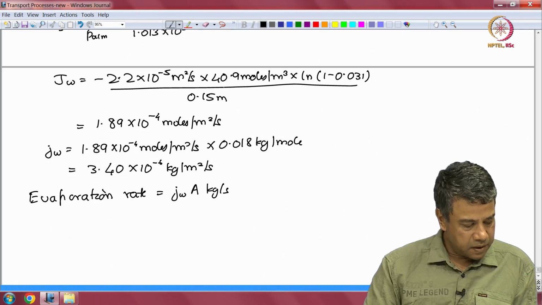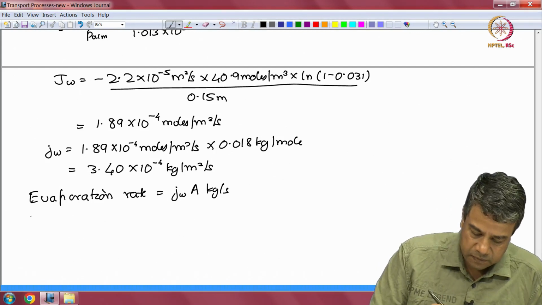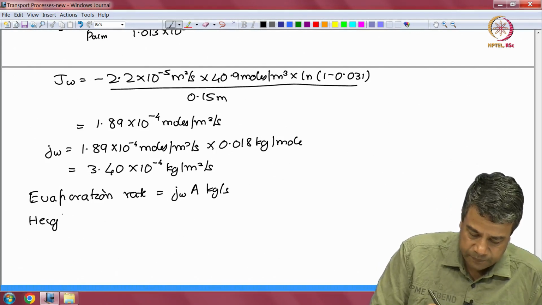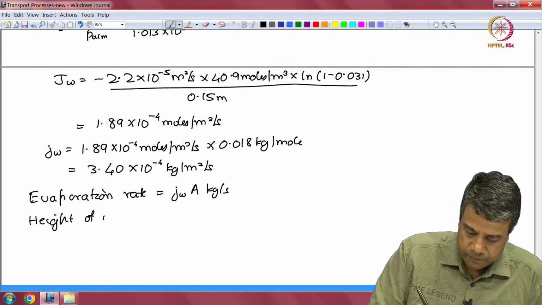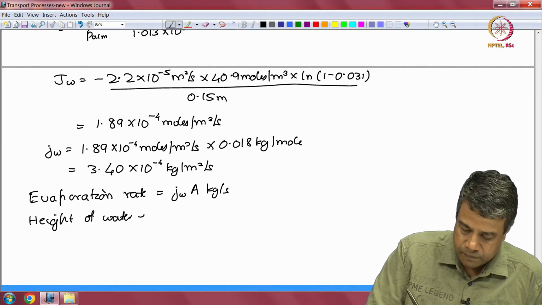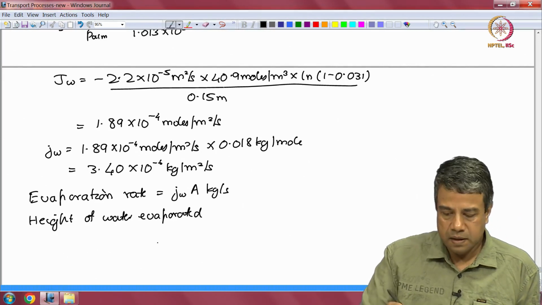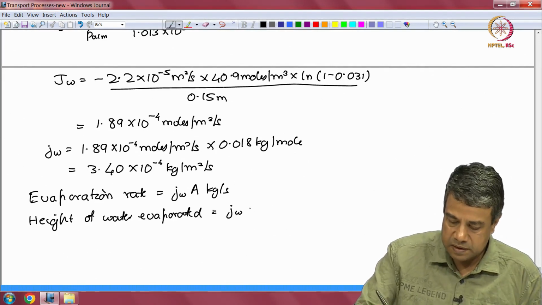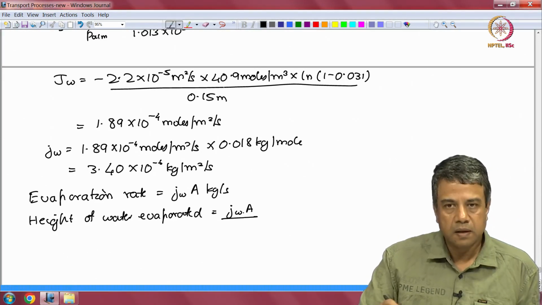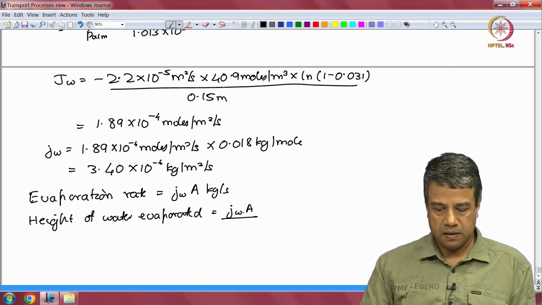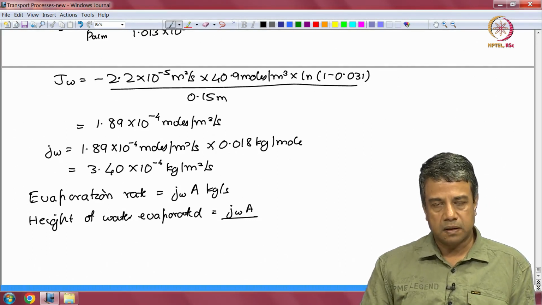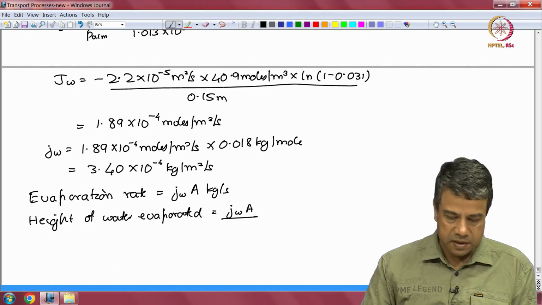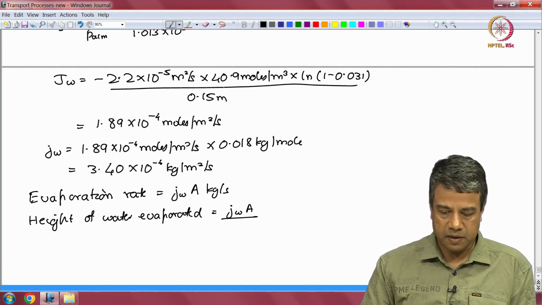The height of water that is evaporated is equal to this flux into area, divided by the density, because the density is 10 power 3 kg per meter cubed.